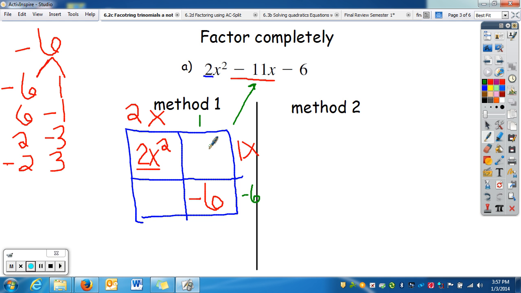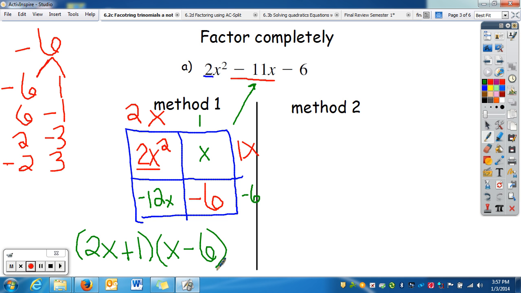So here I have 1x times x, which is x, and then I get -12x. -12x plus x is -11x, so this is correct. So I have my final answer, which is 2x plus 1 and x minus 6 are my two factors.